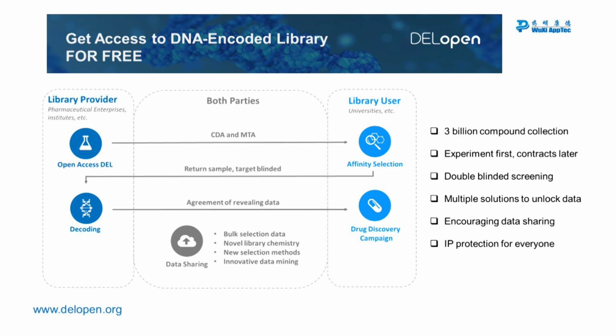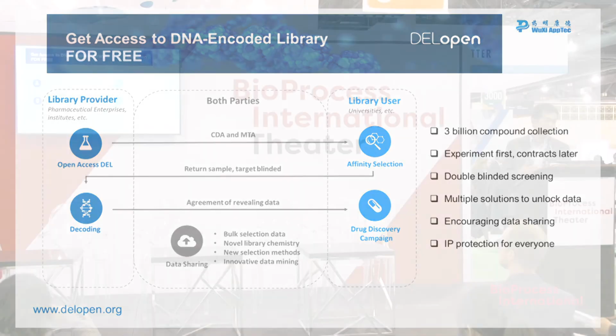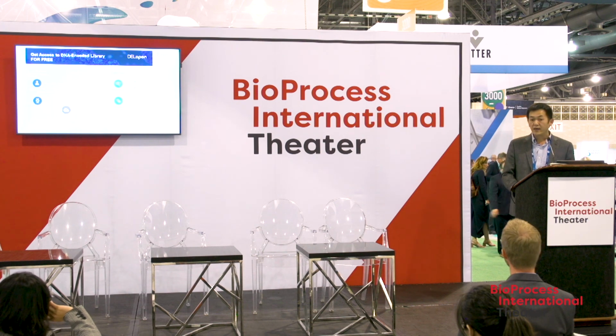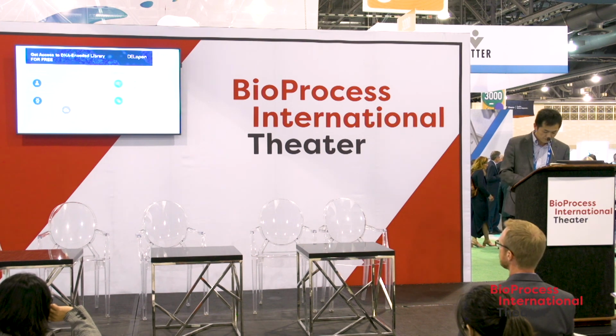They return the sample to WuXi to analyze, and the key to this social experiment is if we can agree to perform the experiment before signing a contract, and only when a good result comes out, we will discuss terms. We are hoping this can be a game changer, also to boost the collaboration between industry and academia.